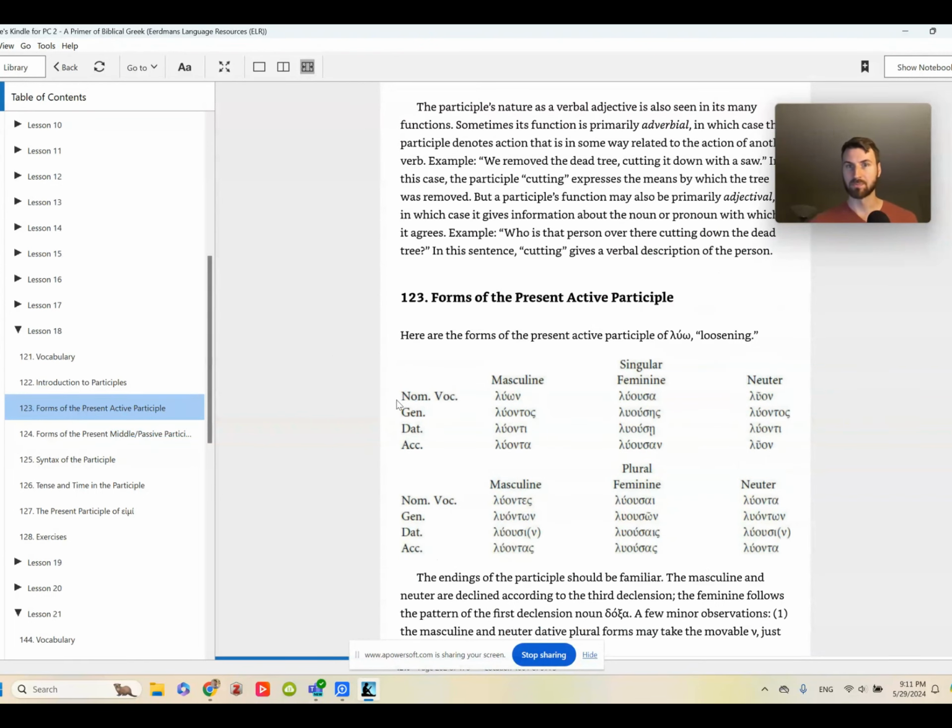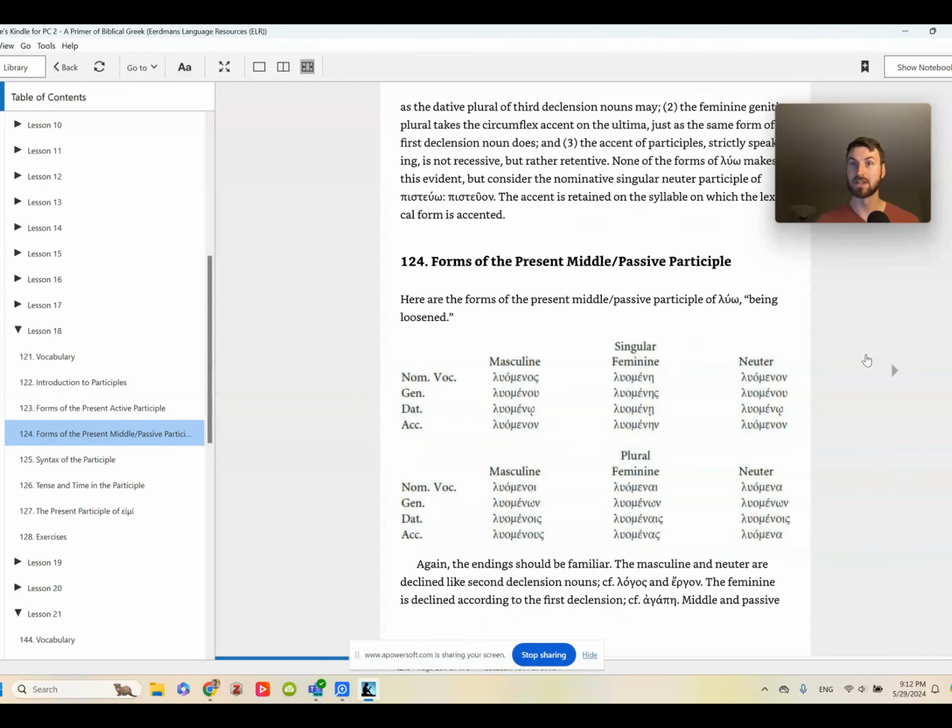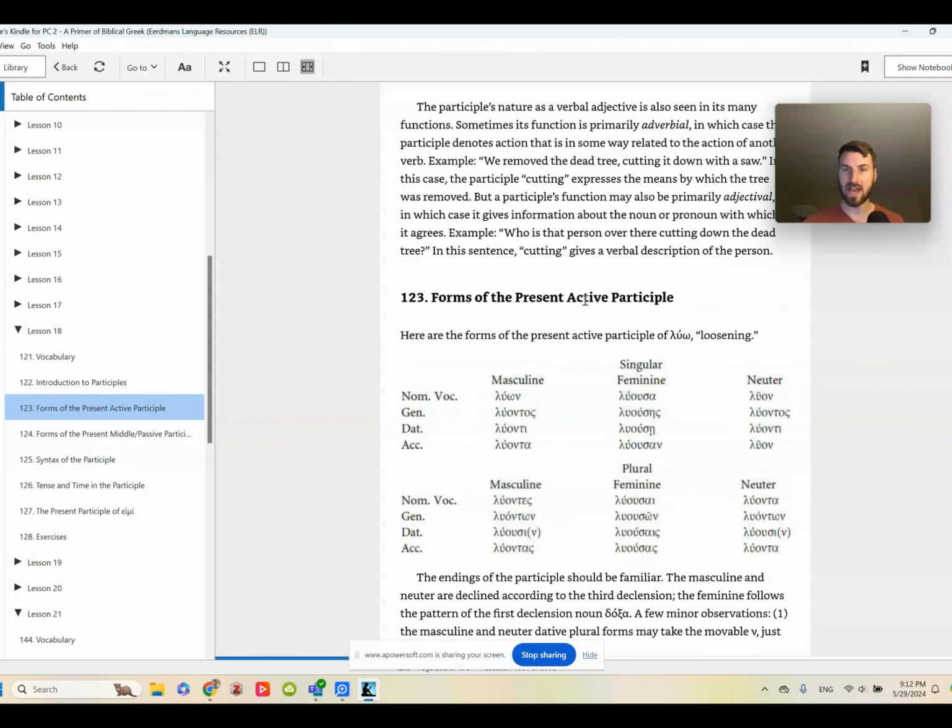Okay, so 3, 1, 3, third declension, first declension, third declension in the present active participle, and then 2, 1, 2 in the middle passive participle. And so with middle passive, we talked about the active forms with the ing added to the verb.